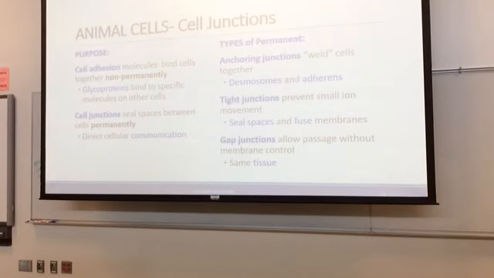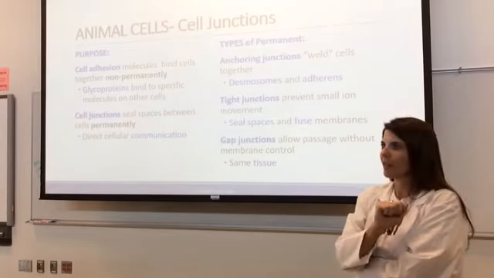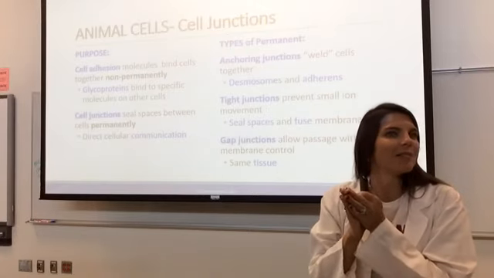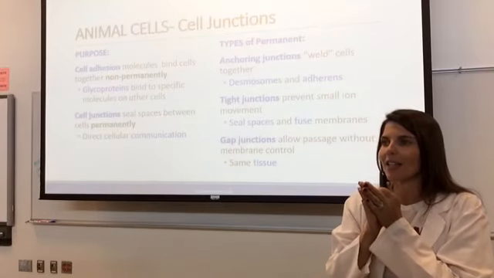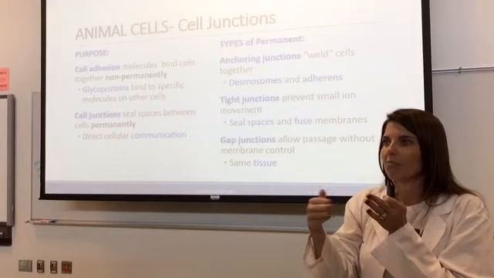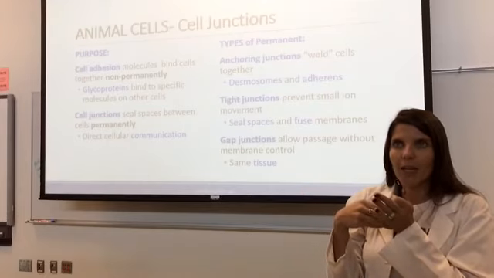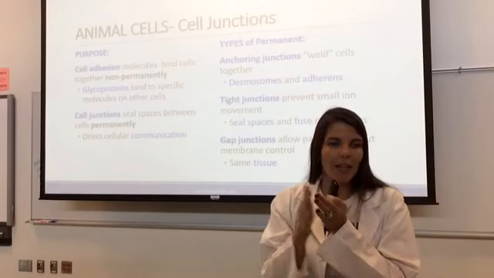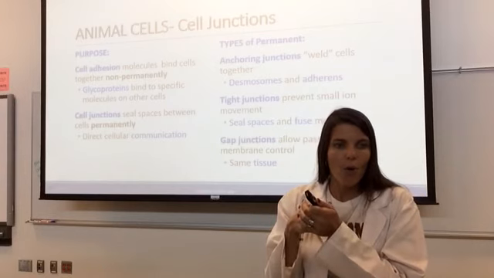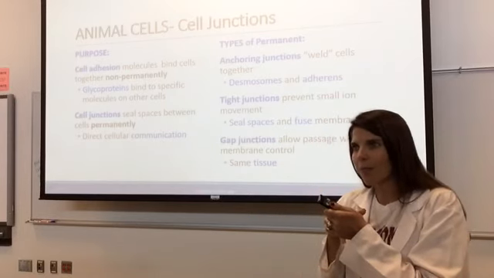Let's go with a tight junction. If you had to guess, what would be a characteristic of a tight junction? It would be very tight. And as a result of being very tight, nothing can really get through. So if a tight junction is very tight and nothing can get through, what do you think a characteristic of a gap junction would be?